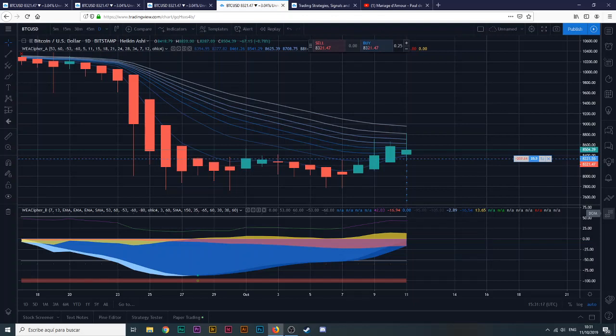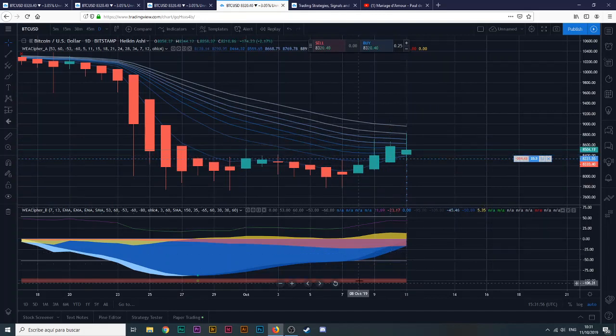On the daily chart, we show positive candles, but here we have a buy signal with the market bottom. It doesn't always indicate the only market bottom, so there could be another market bottom, or not, because here on the daily candles the market is moving up. The cash flow is indicating negative.